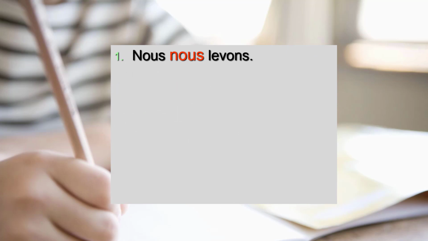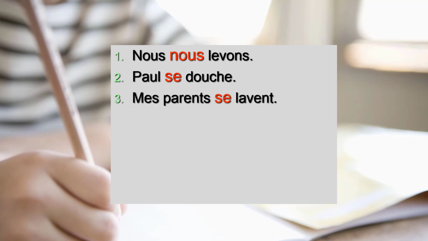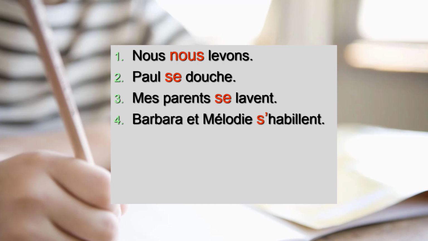Number 1, numéro 1, nous nous levons. Numéro 2, Paul se douche, which we have already seen as an example. Numéro 3, mes parents se lavent. Numéro 4, Barbara et Mélodie s'habillent.